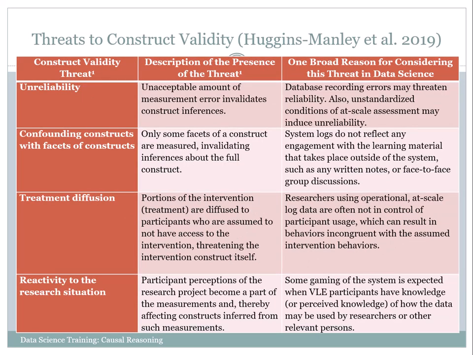Unreliability of the scores means that there is extraneous random error. And it's important to keep in mind that reliability is the property of the scores and is related to the test situation. So the same assessment can be used with some participants in a test situation and provide reliable scores, but in a different test situation provide unreliable scores.